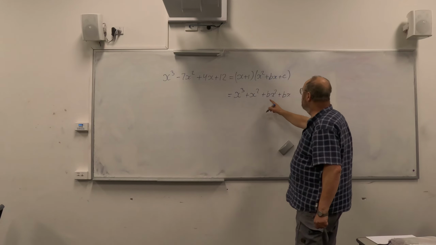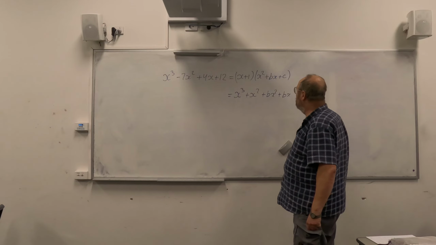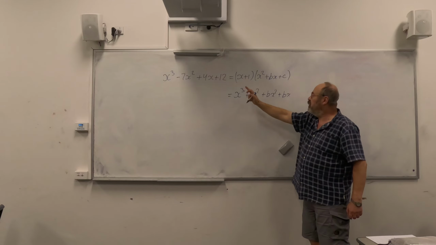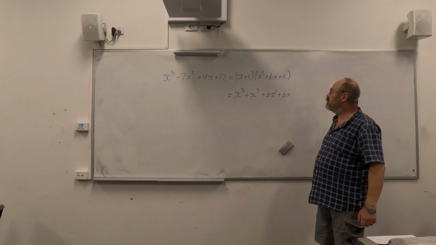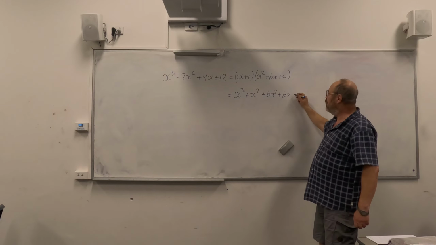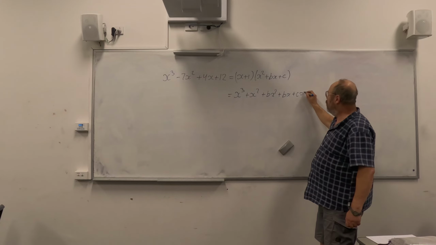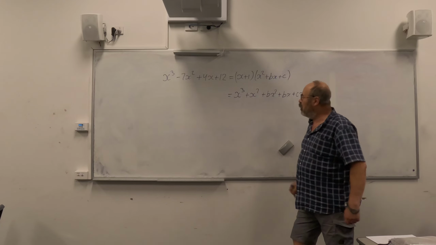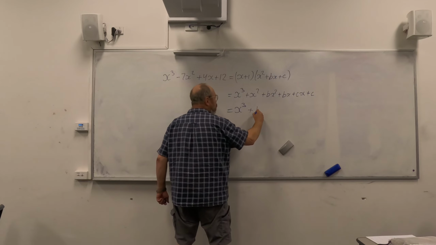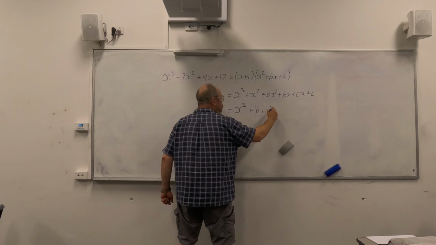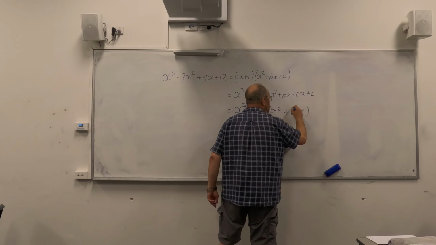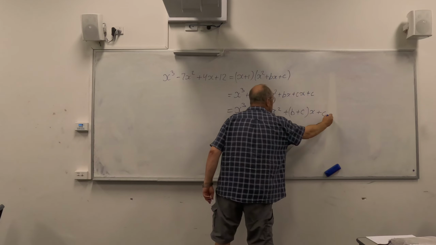So we have x times x squared, x cubed. 1 times x squared is x squared. x times bx, bx squared. 1 times bx is plus bx, plus cx and plus c. Now let's collect like terms. We get x cubed plus (b plus 1) x squared plus (b plus c) x plus c.